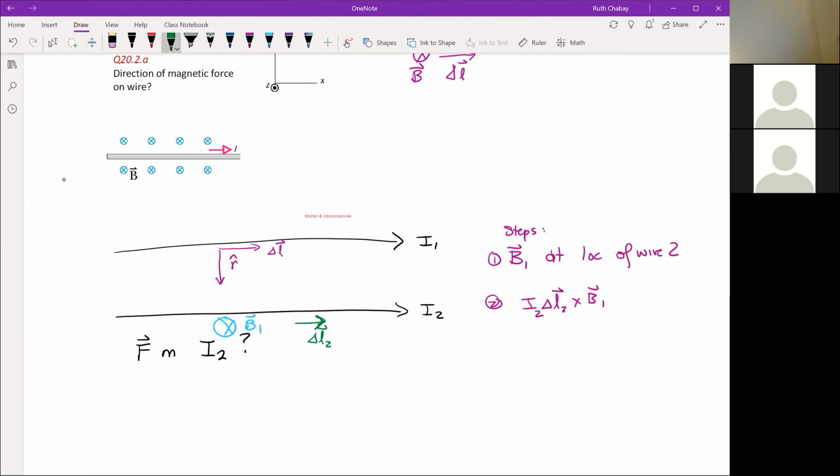So we have delta L2 cross B1, so plus X cross minus Z is going to give us a force in the plus Y direction.